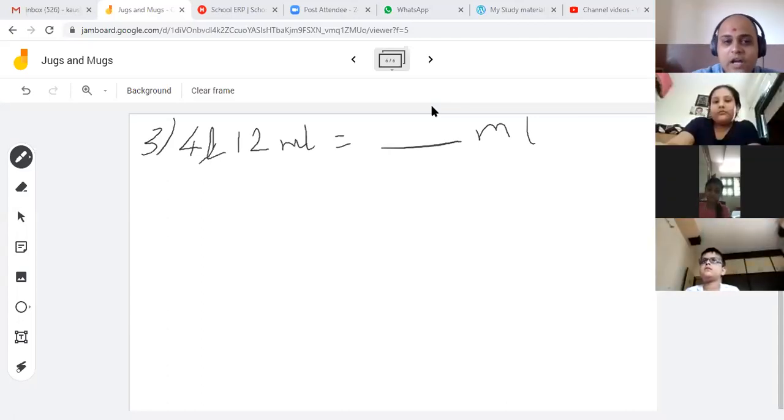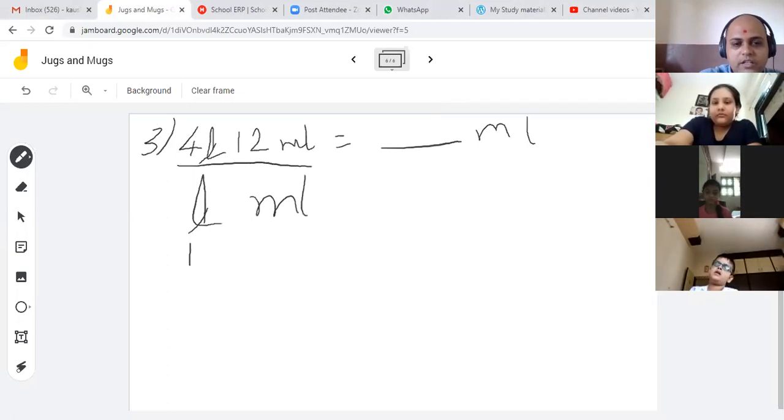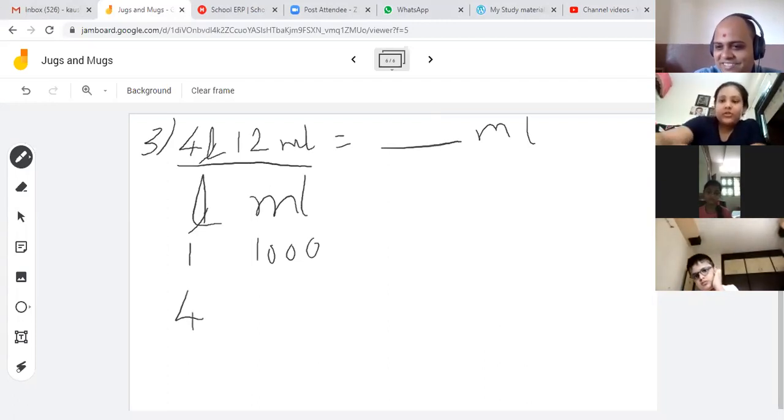Now, here we have got mixed number, liter and ml. Okay, Rajvi, pay attention. Focus on the screen. Yes. We know 1 liter is equal to 1000 ml. Yes. So 4 liter is going to be what? Very easy. 4 into 1000. Yes, that is very easy part.